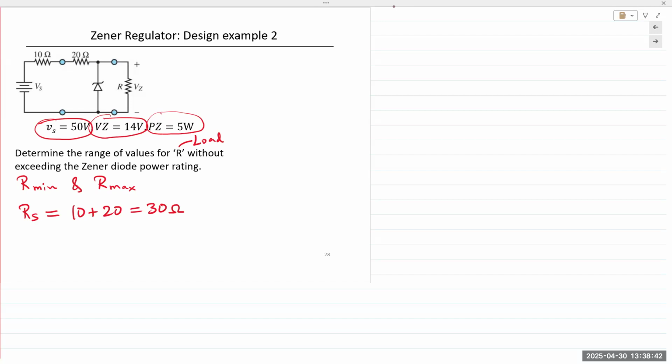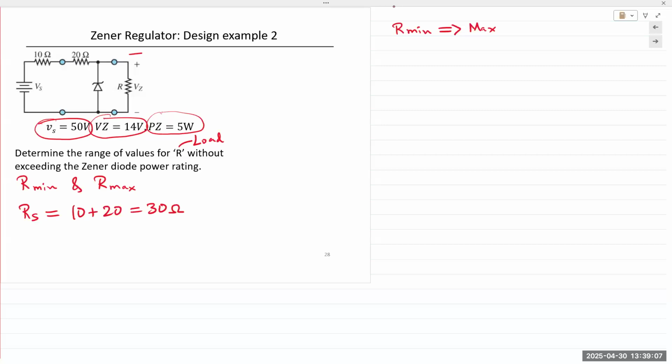So R minimum and R maximum. If load resistor R is at its minimum value, what happens to its current? Current increases. The current would be at its maximum allowable limit. So IL would be at max.